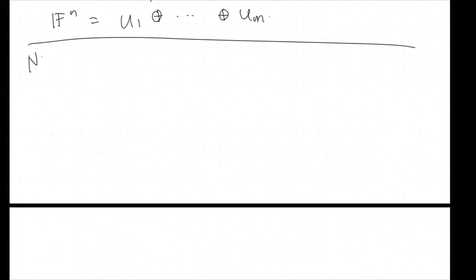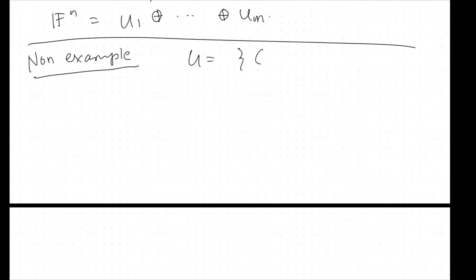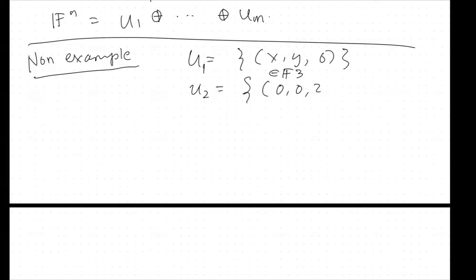Before going further, we get a non-example. Suppose we get U1, which is (x, y, 0) in F^3, and then U2 is (0, 0, z) in F^3.